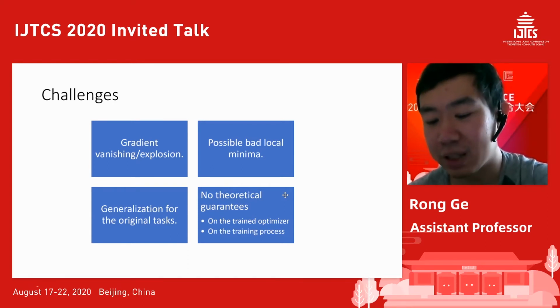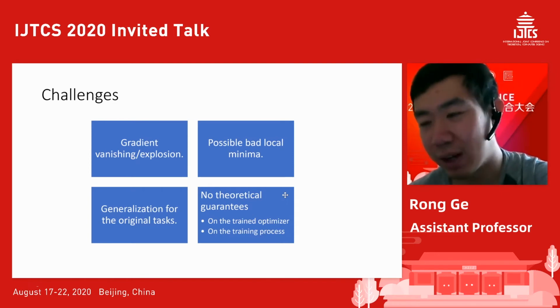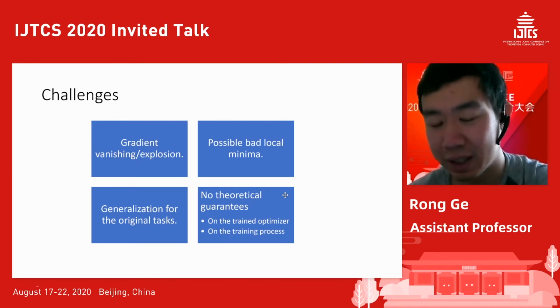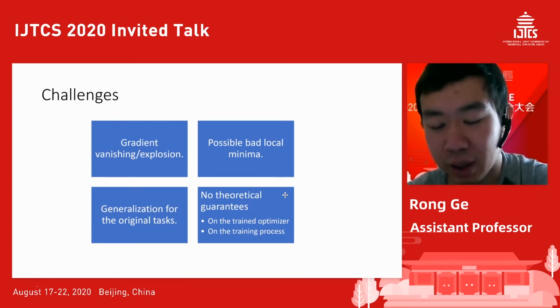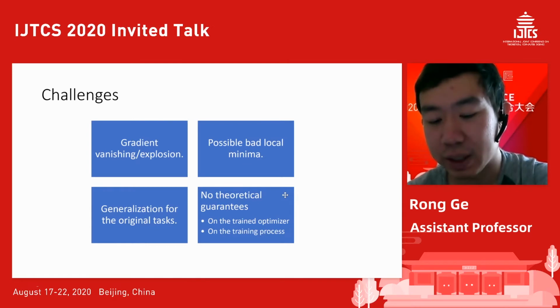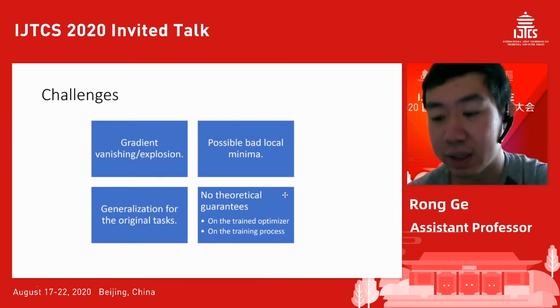We don't know how many steps you need to run this trained optimizer in order to solve the optimization problem. We don't even know whether it will converge or not. It's actually quite possible that if you run it on some tasks that you haven't trained on before, it can actually diverge, right? And there's also no theoretical guarantee on the training process. So if I do this meta-gradient descent, will I be able to find the optimal optimizer? There's certainly no guarantee on that.